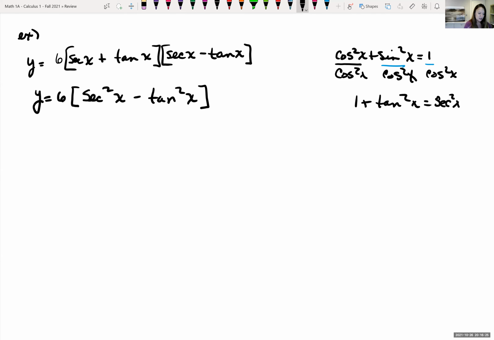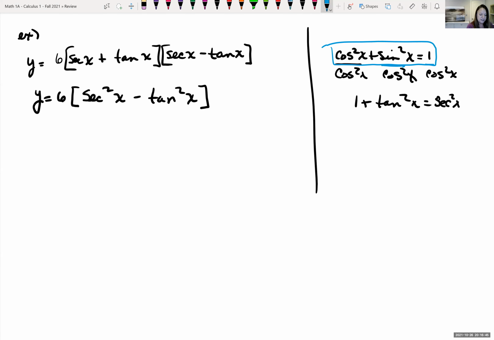And before I started this problem, I noticed that that was probably going to give us one of our Pythagorean trigonometric identities. And based off of cosine squared plus sine squared equals 1, we could divide everything through by cosine squared and get 1 plus tangent squared equals secant squared.